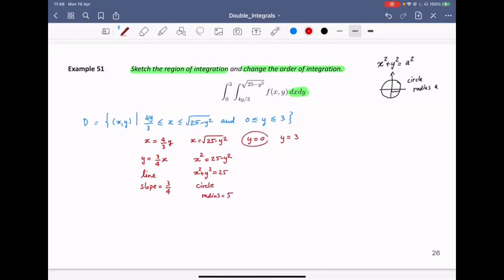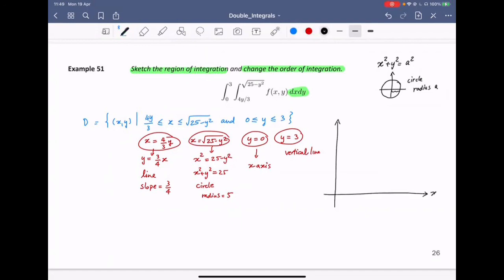y equal to 0 is just the x-axis, and y equal to 3 is just a horizontal line. Let's draw everything in the same graph. This is x, this is y. We're going to start from the circle with radius 5.